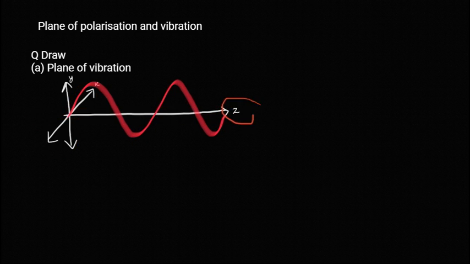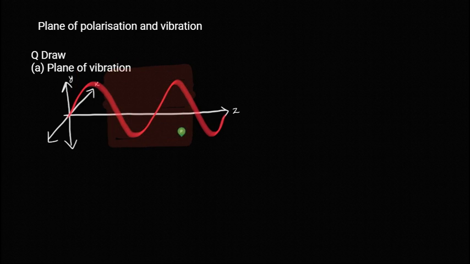So in which axis is the vibration? The wave is vibrating along the y-axis. Therefore, the plane of vibration will be this red one. This represents the plane of vibration, which is along y-axis.